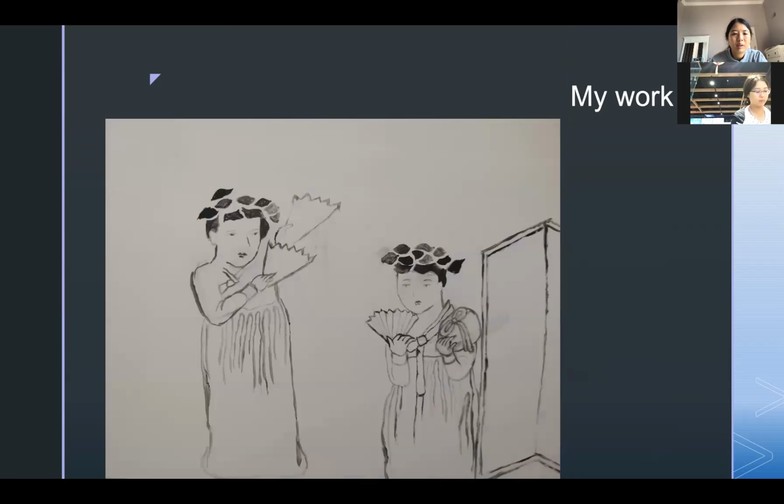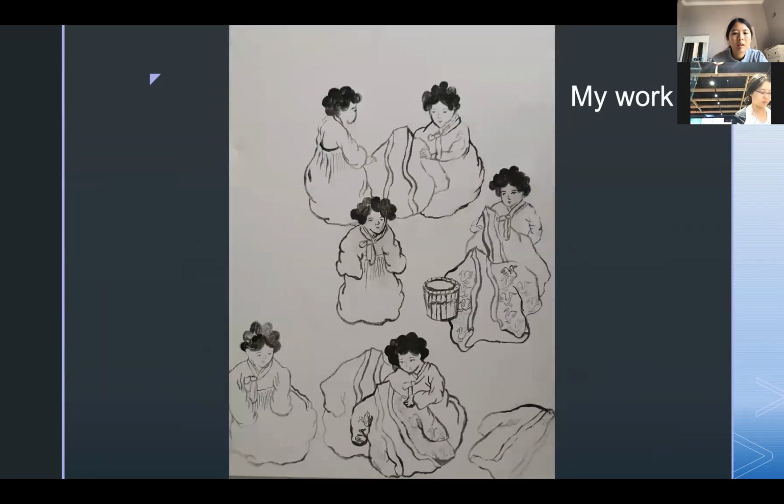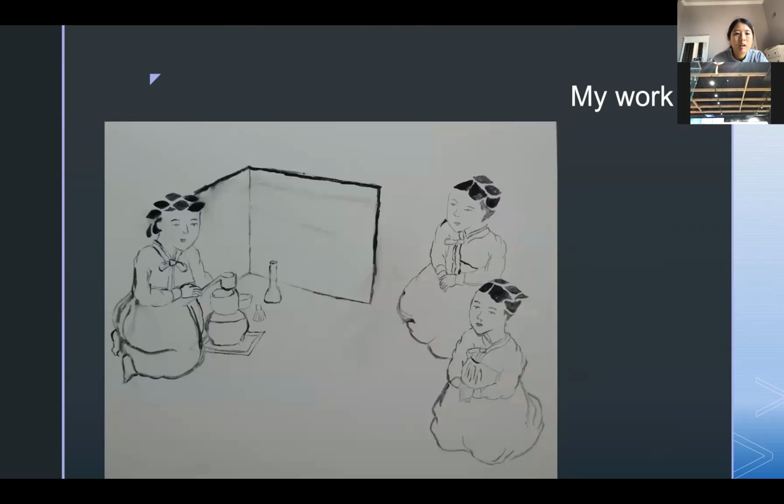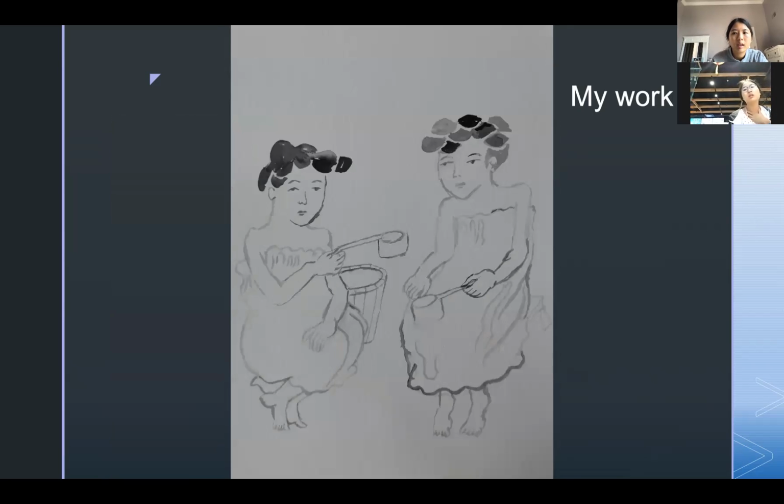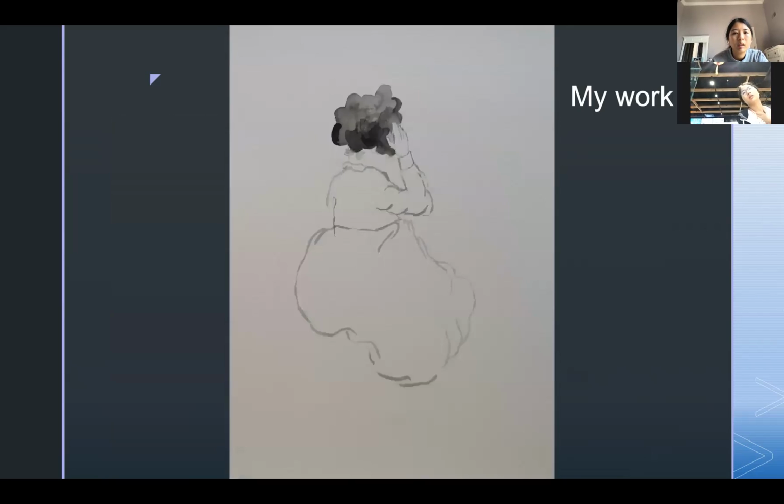Two women holding fans. A Korean woman observing the kimono, the traditional clothing. A woman in a tea house. A woman serving tea. Women in the bathhouse. Another portrait of a woman.